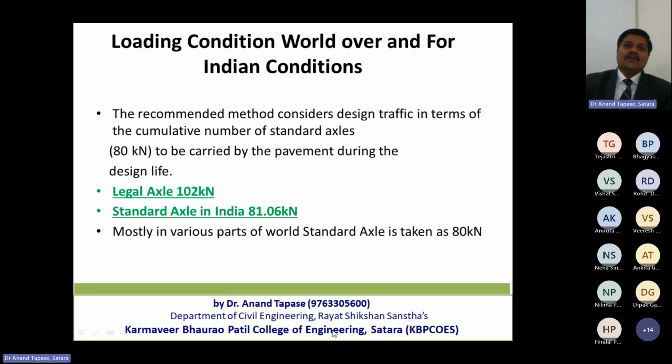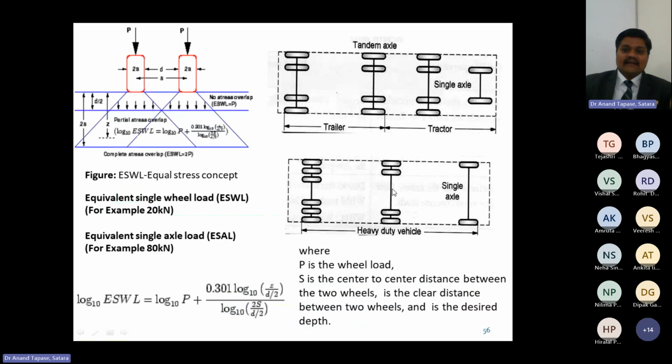While designing the pavement, we are considering one part of the axle, that is the part where the tires are, maybe two tires or a single tire. If I am considering 80 kilonewton, then on one part it will be 40 and on the other part it will be 40. On an axle there will be two tires. So those two tires collaboratively will be having 40 kilonewtons. So on each tire it will be 20 kilonewtons. Fine.